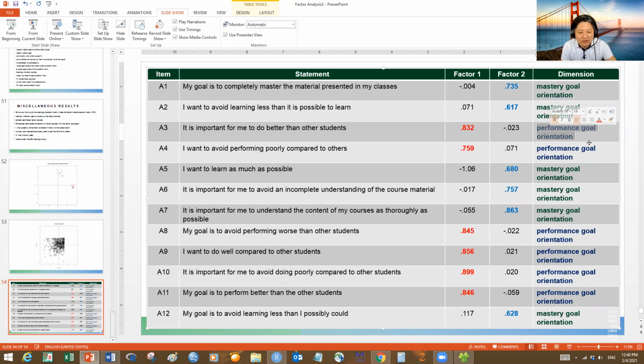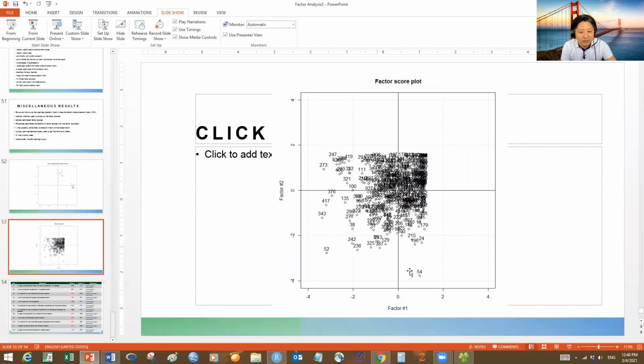Okay. So instead of using 12 items, we can interpret these patterns using only 2 factors. This is data reduction, right? So how can we interpret the 50, maybe 54, right?